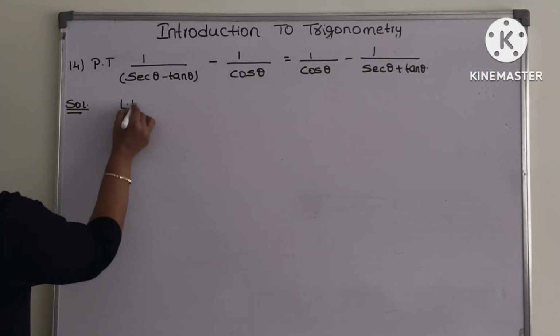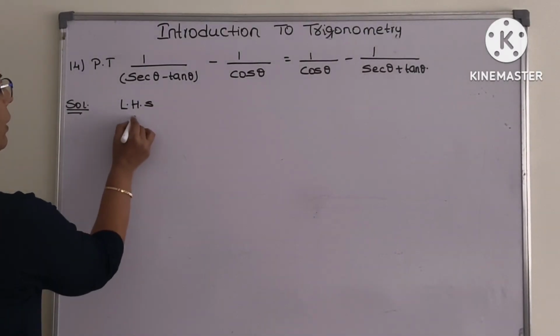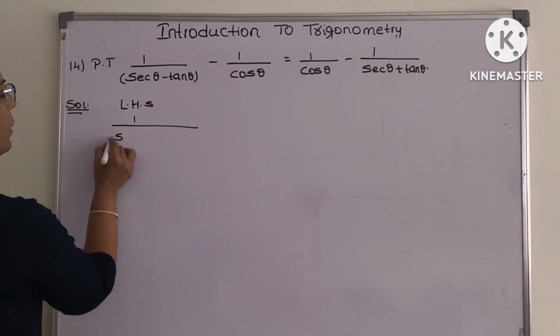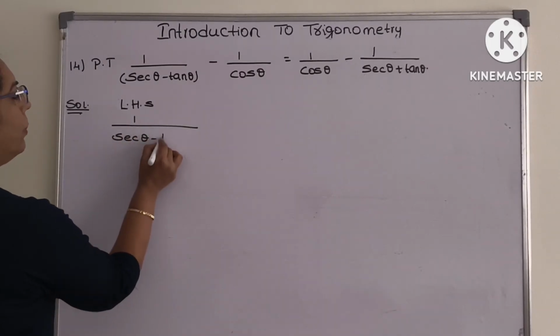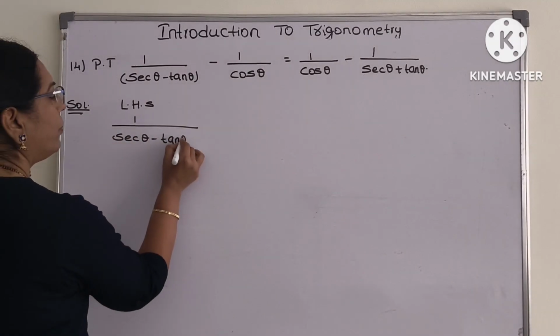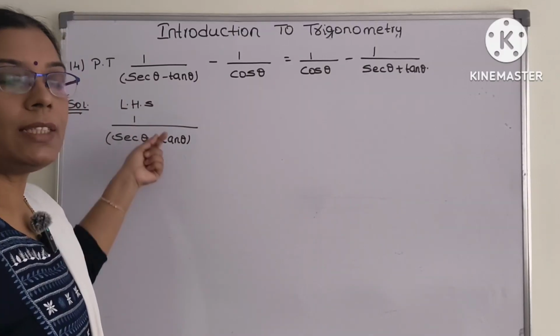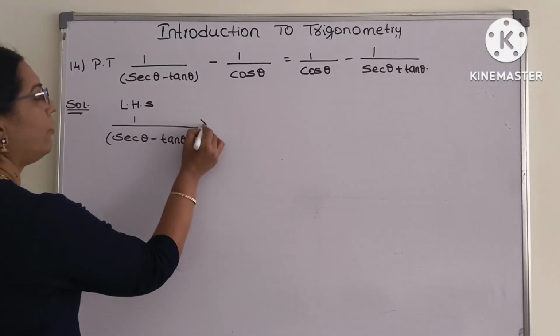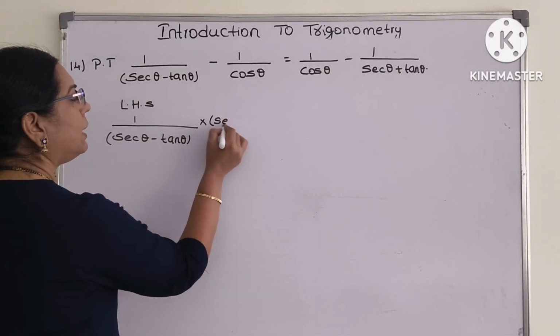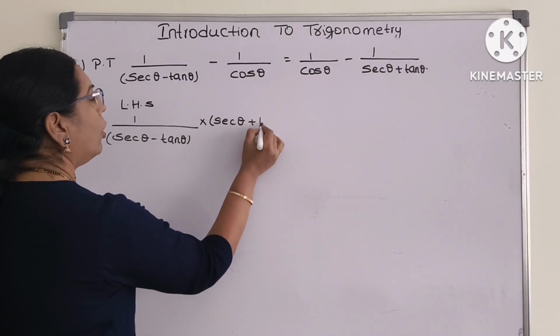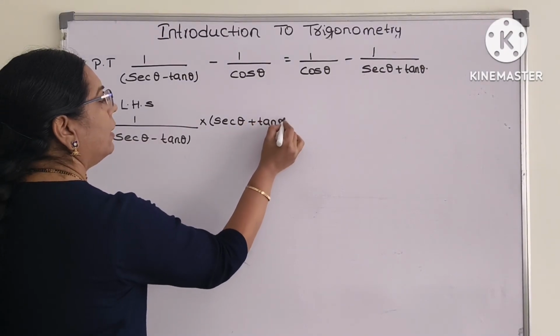So LHS: 1 by secant theta minus tan theta. What I will do, I will rationalize this part. So the rationalizing factor, as you know, has to be the same term but with the opposite sign.